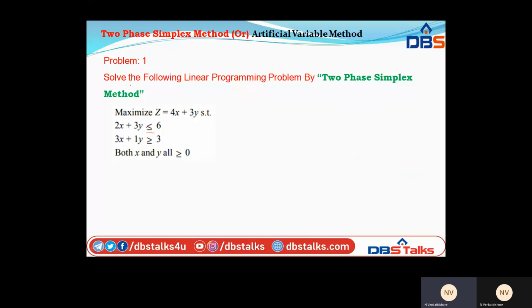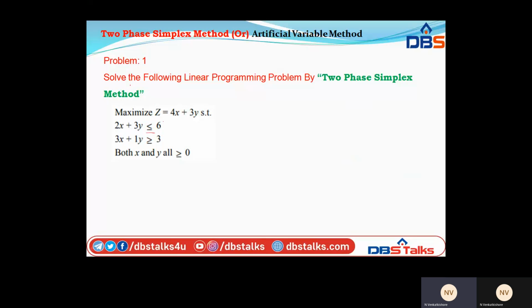Here in the first constraint we have a less than or equal to symbol, but in the second constraint we have a greater than or equal to symbol. So the simplex method is not applicable. We may go for the two-phase simplex method or the graphical method. For the simplex method, the constraints must have only less than or equal to symbols.